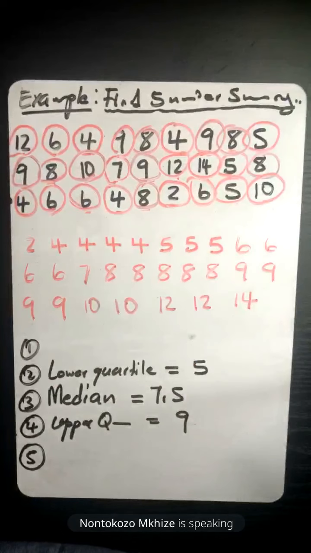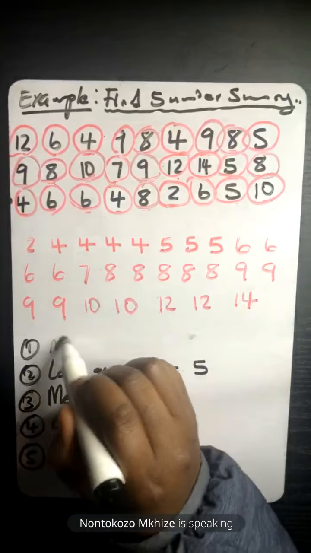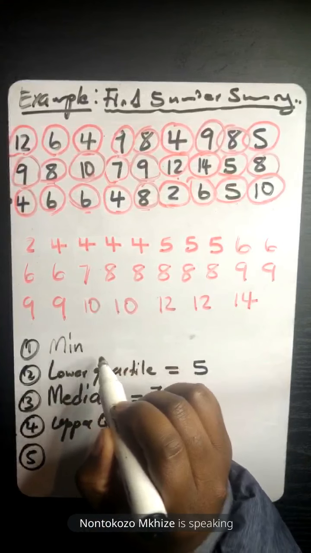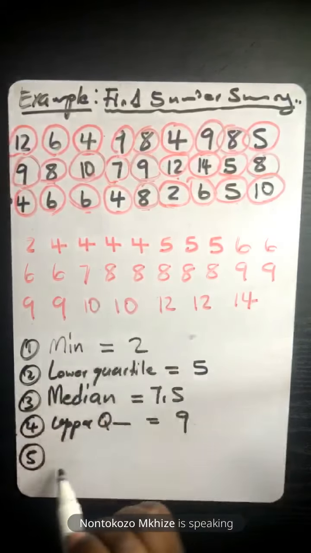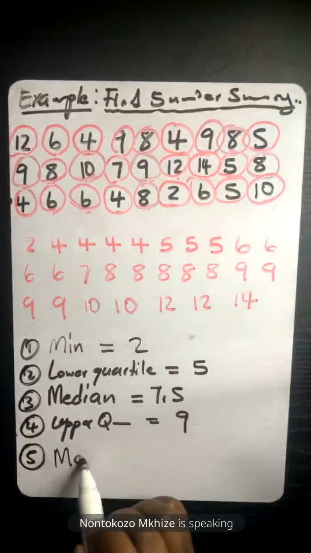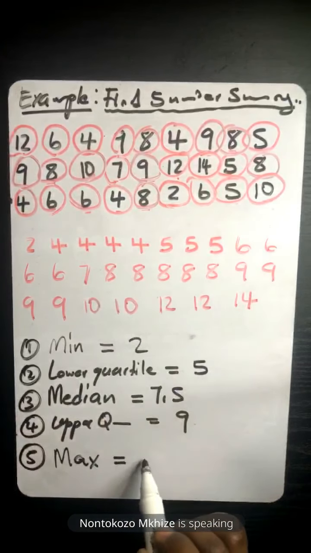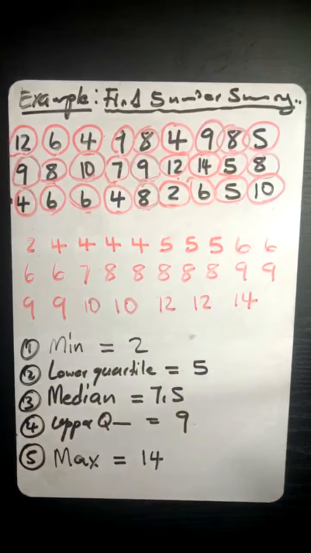Conclude, honorable member. Okay, so for Control, the minimum value, I have 2, and for the maximum value, I have 14. Minimum is equals 2, and the maximum value is 14.